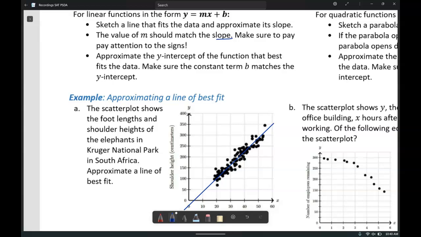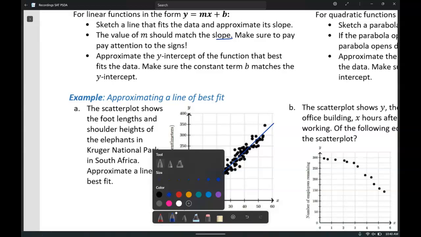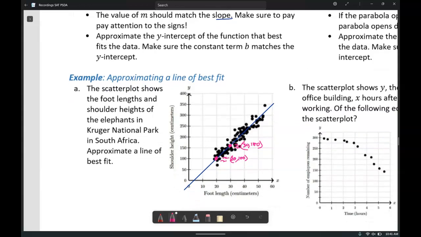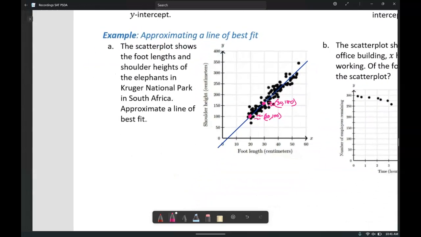So here what I can do is take a couple points. Let's use a bright color here. Take a couple points on my line of regression and just kind of get it close. Doesn't have to be perfect. But I got a couple points here, and they're approximately the points (2, 100) and (10, 150). And by using those points, now we can approximate our slope. And again, this is just going to be an estimate.